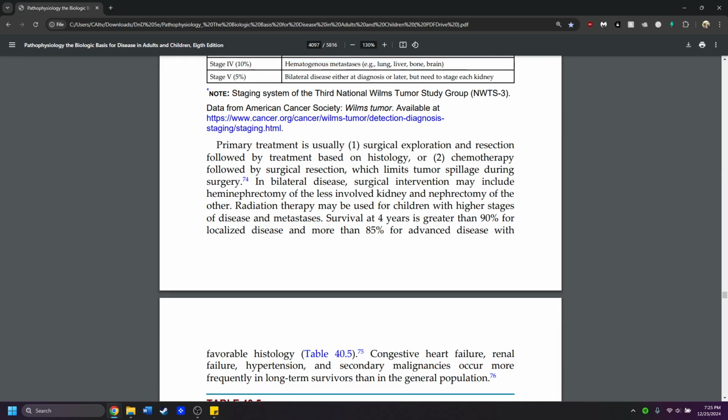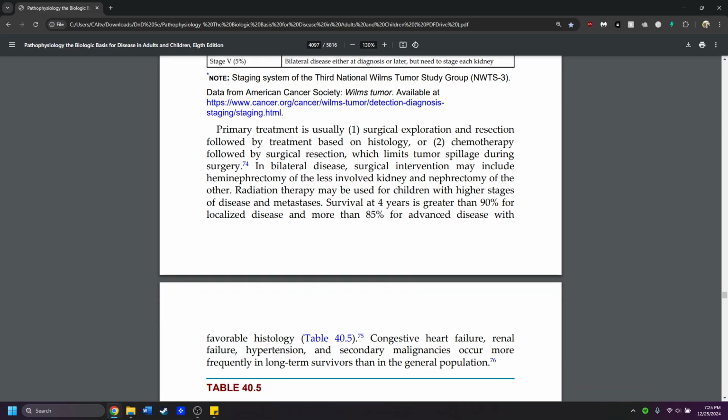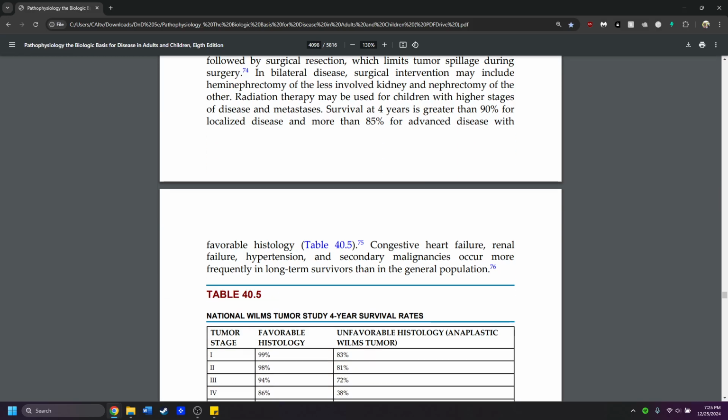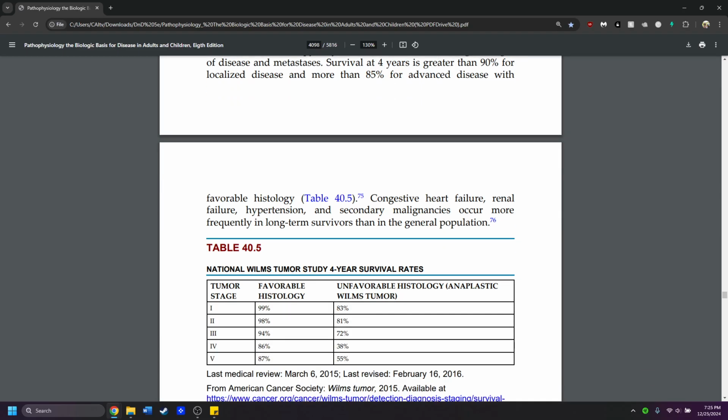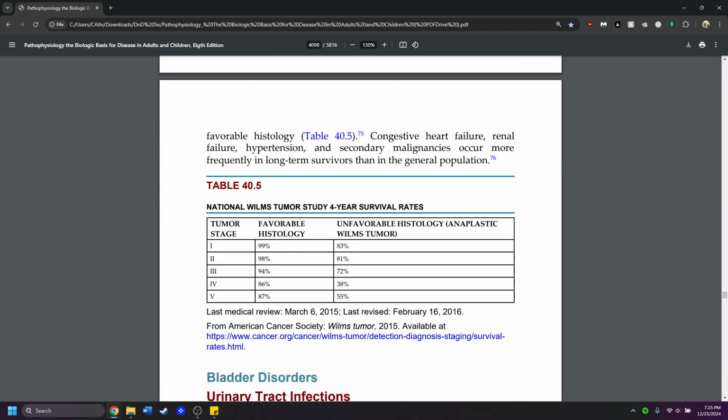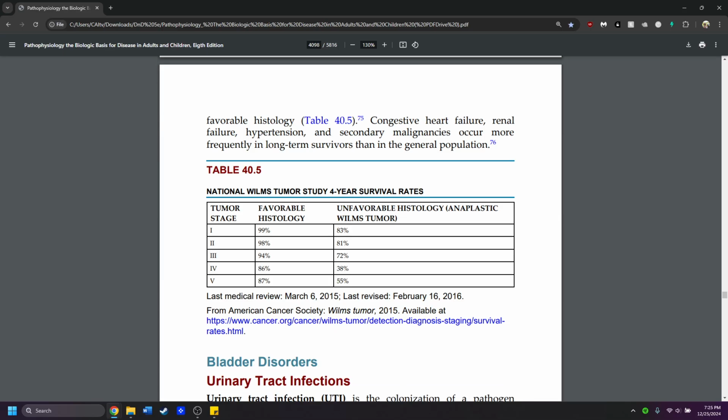Radiation therapy may be used for children with higher stages of disease and metastasis. Survival at 4 years is greater than 90% for localized disease and more than 85% for advanced disease with favorable histology. Congestive heart failure, renal failure, hypertension, and secondary malignancies occur more frequently in long-term survivors than in the general population.